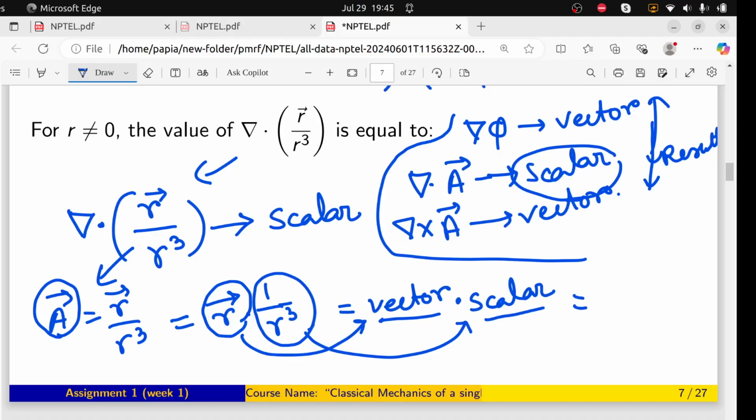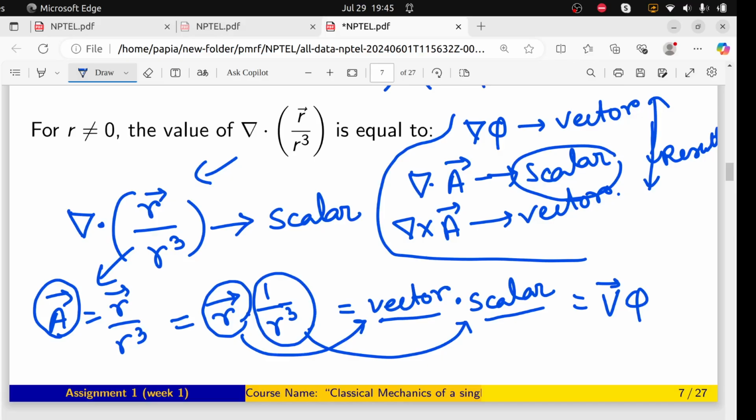So for simplification of my notation, I am writing this vector as, let's say, any vector v, and the scalar as phi. I am simply writing this for the general case.